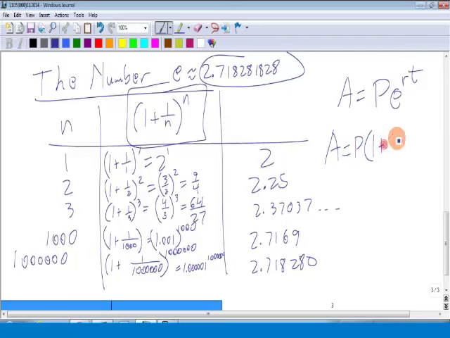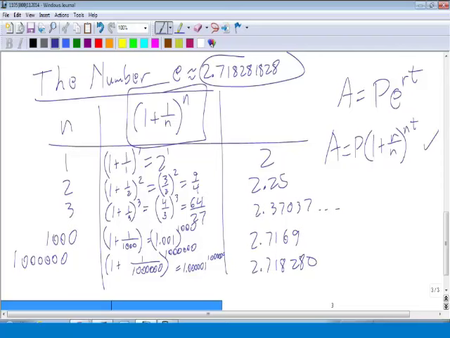1 plus r over n to the nt, what it actually does, and it'd take me about 5 to 10 extra minutes to go through the details, is it takes the formula for compound interest a finite number of times, and it asks the question and then answers the question, what happens as n approaches infinity?